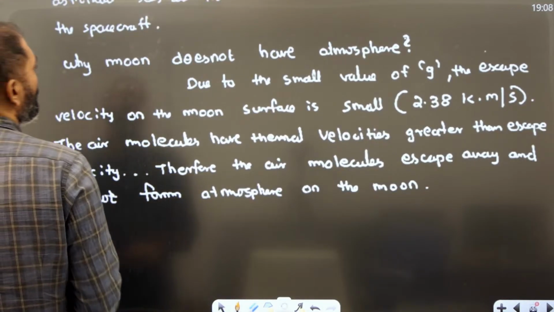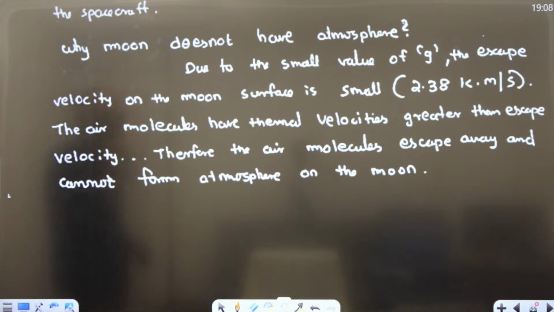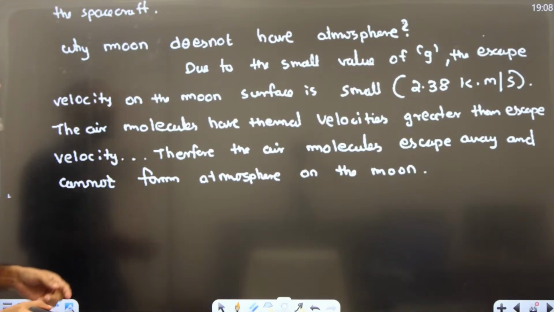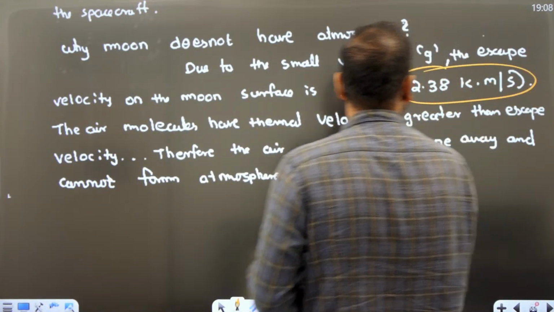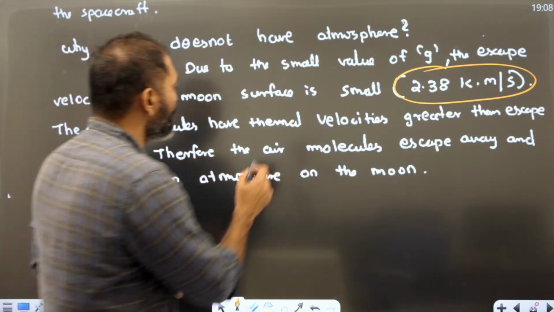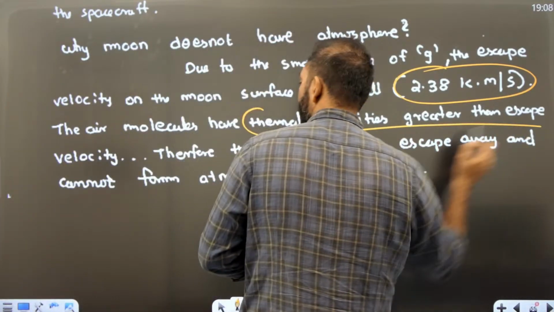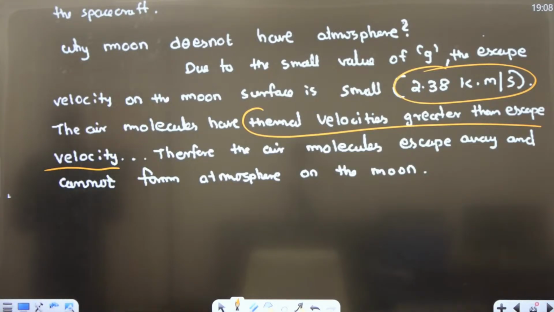Why moon does not have atmosphere? See, due to the small value of g, the escape velocity on the moon surface is very small, only 2.38 kilometer per second. The air molecules have thermal velocity greater than escape velocity. The value of g in moon is very small.